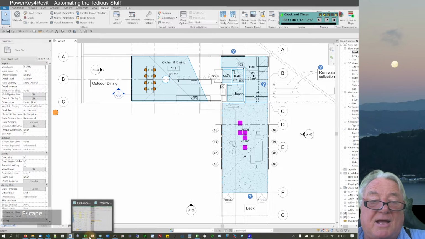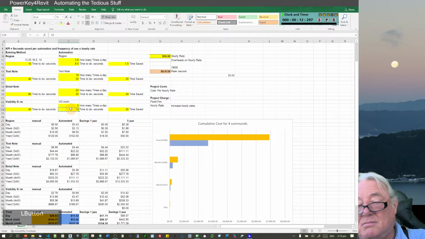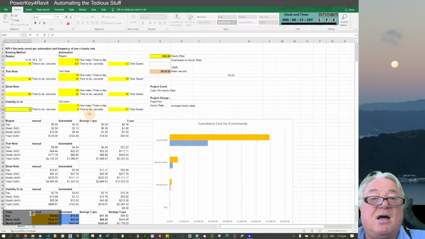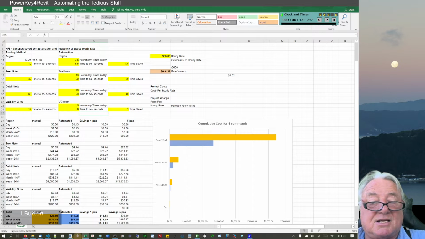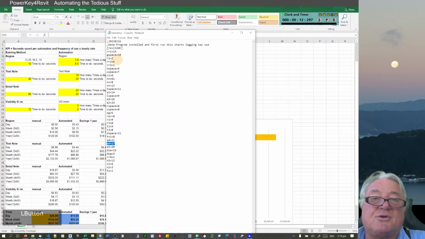Anyway, if we come back onto our spreadsheets, one we were doing in about 9 seconds, one in about 12 seconds, so we're actually saving 3 seconds. If we go in and look at our visibility graphic frequency, our VG is the double R. So there's a double R for 3, a double R for 2, double R for 1, for 14.